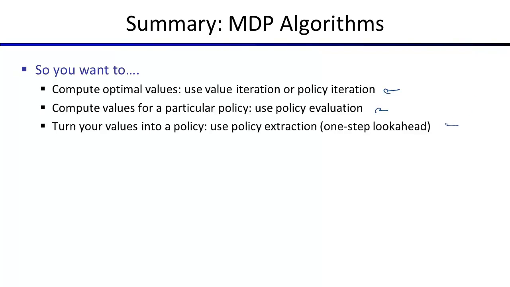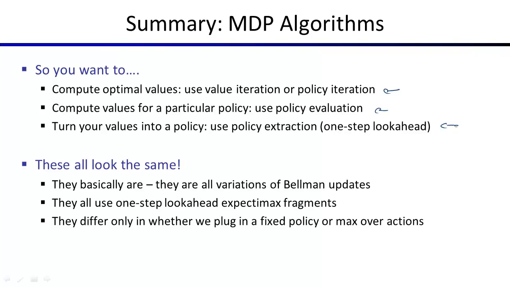If you need to turn values into a policy, you do this one-step look-ahead, which if you have the optimal values, will give you the optimal policy. If you have non-optimal values, you'll have the value if you were to take that action, followed by following whatever policy gave you that future value. They all look the same. Well, they basically are the same.